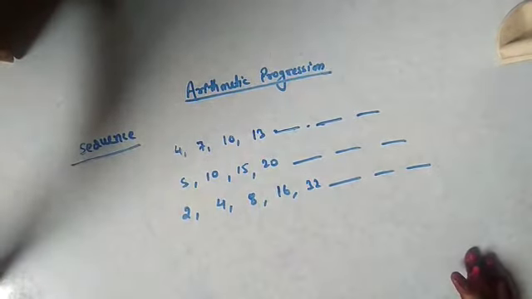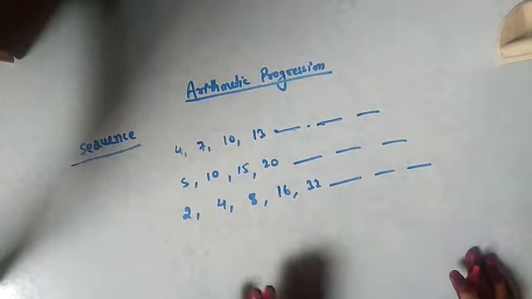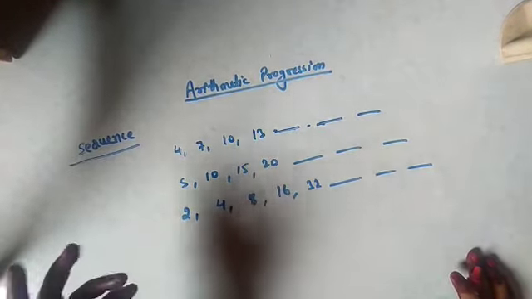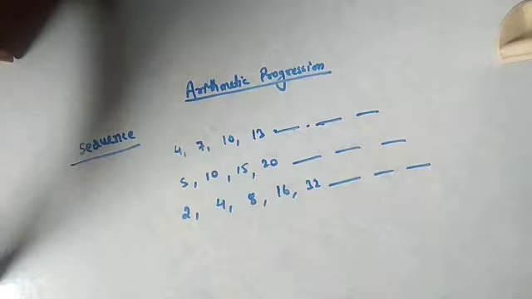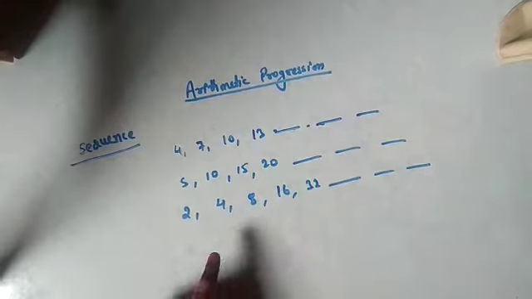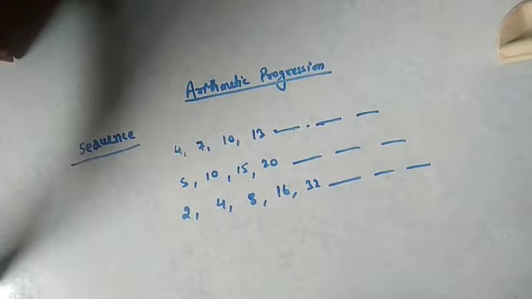And you will be asked to fill the blank, what will be the next number. So at that time we always try to find out what is the relation or what is the pattern the numbers given are following.